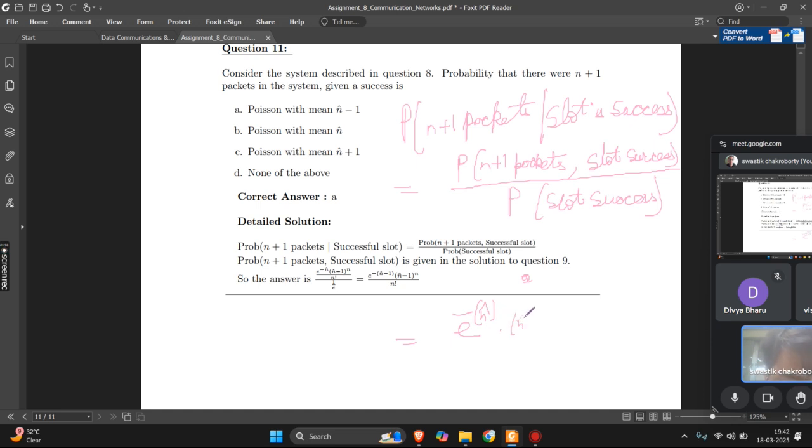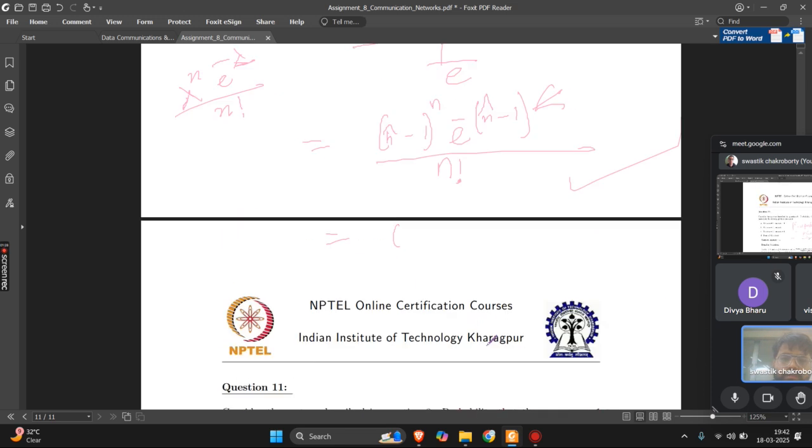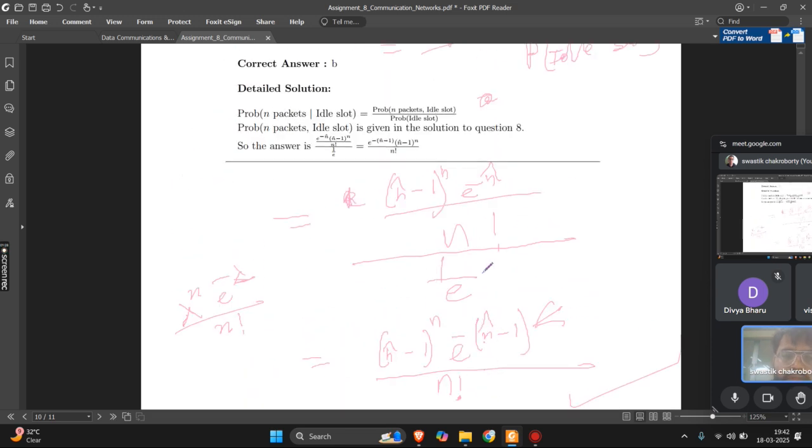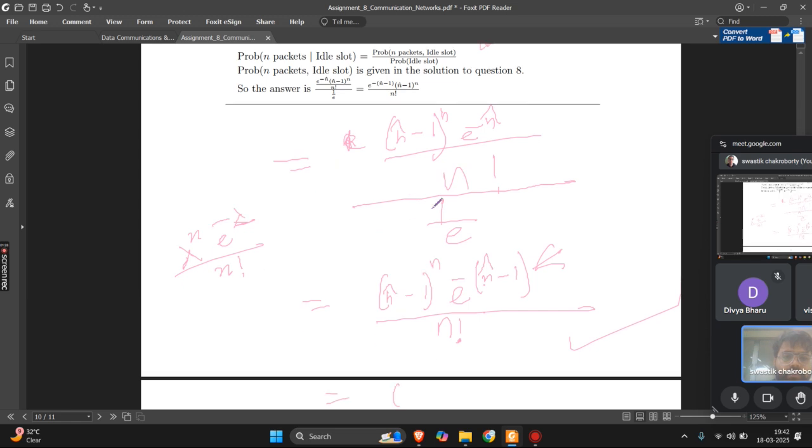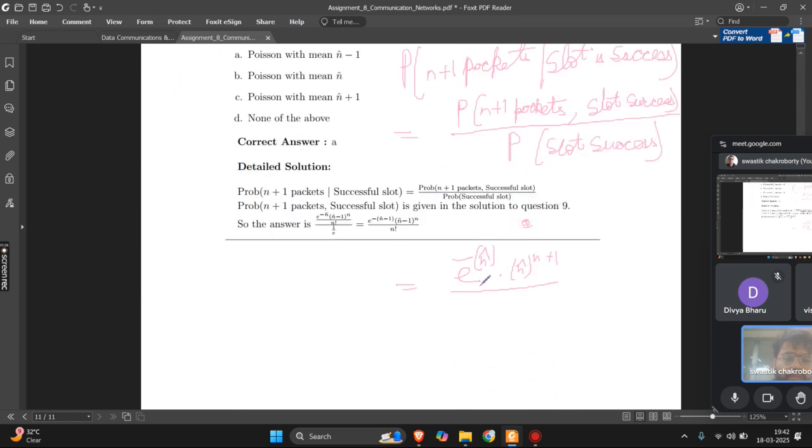So it will be (n hat minus 1) to the power n plus 1, because there are n plus 1 packets, e to the power minus (n hat minus 1), by n plus 1 factorial.